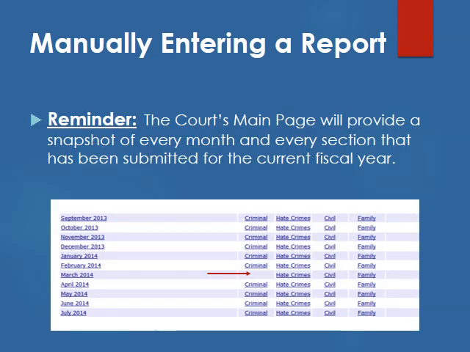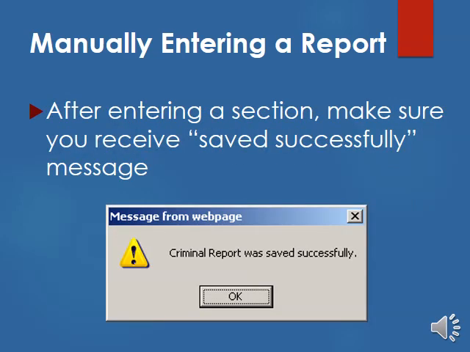So once again, remember when you log in each month to submit the report, every month and every section that has been submitted for the current fiscal year that you are submitting for will display. When you have finished manually entering a section and press Submit, make sure that you receive this message. This will let you know that the section was saved successfully and that there were no calculation errors detected.